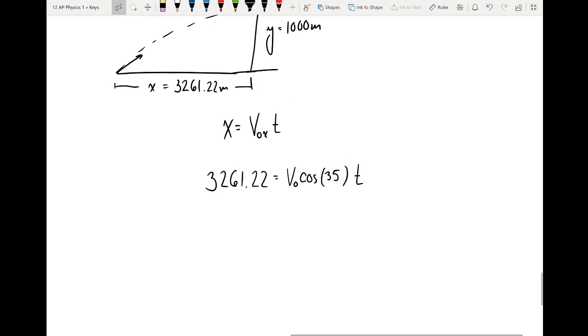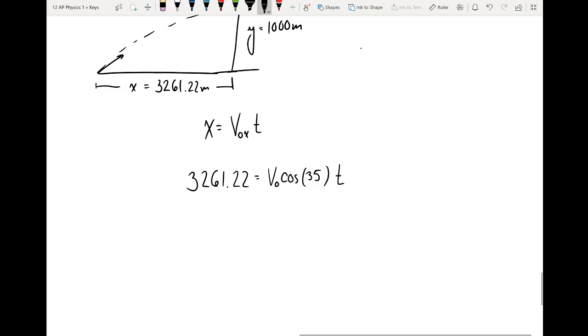And then in our y direction, we had that equation: y equals y naught plus v naught y t plus 1/2 a t squared. We know that we started at a height of 0. We want to reach a height of 1,000.